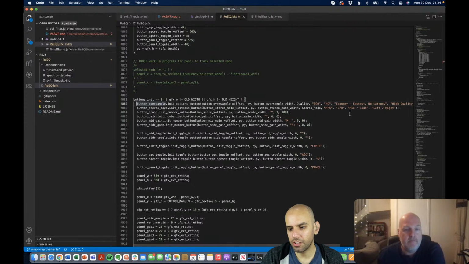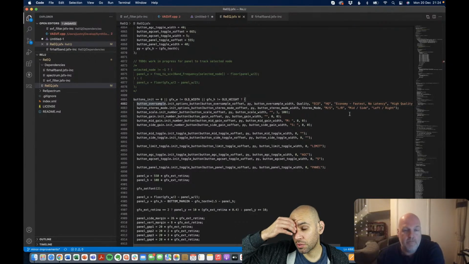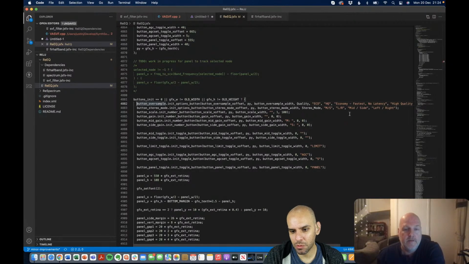Yeah, I guess the only case where that would not work perfectly is if you are doing an EQ move where there is no audio, because then your heuristic would kick in, but it would be wrong because there is no audio coming through, so it's not really affecting the audio. But if you are doing an EQ move where there is no signal, then what are you doing, right?